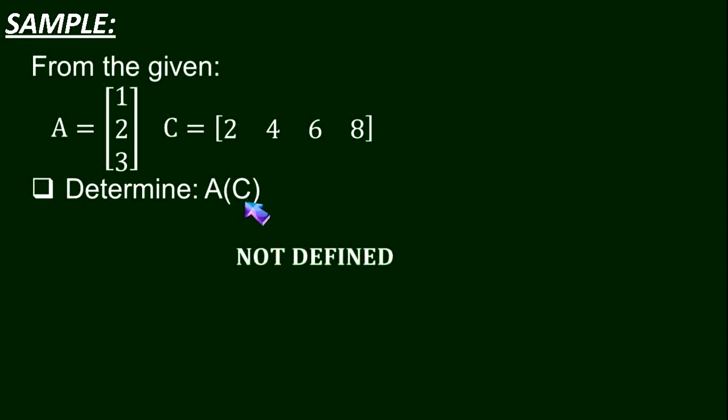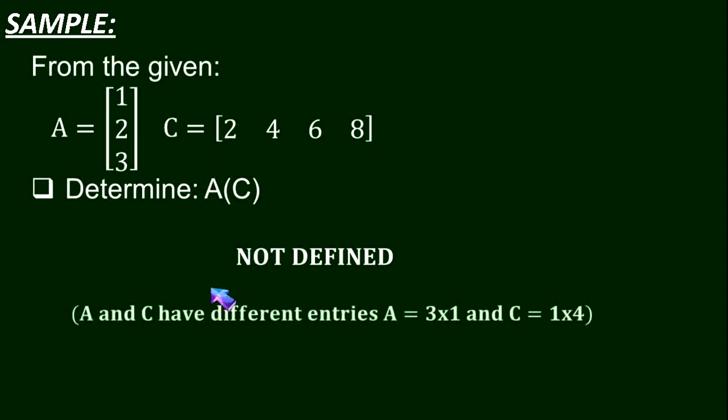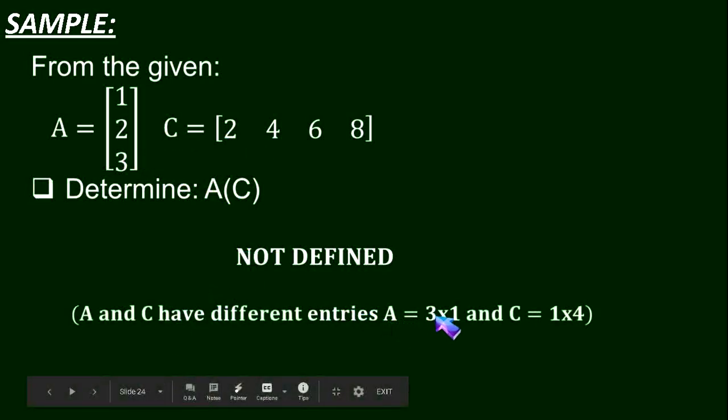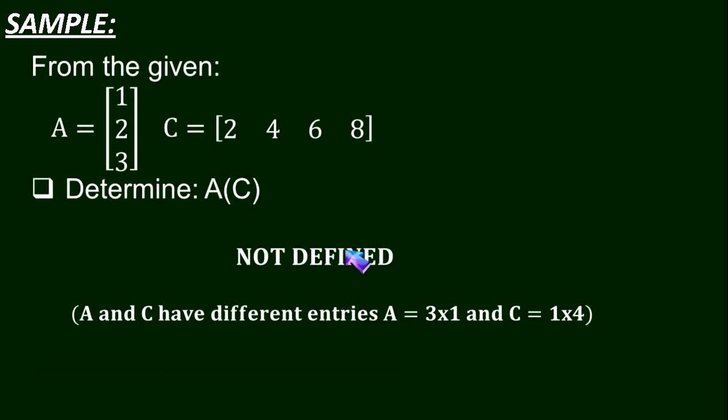That is not defined since they are not conformable. So, A and C have different entries. Yung 3 by 1 and 1 by 4, hindi parehas yung ating row sa column ng C. So, not defined yung sagot natin sa sample number 2.